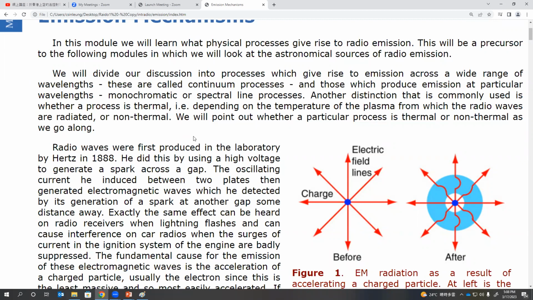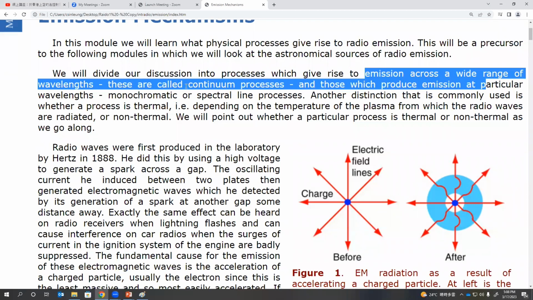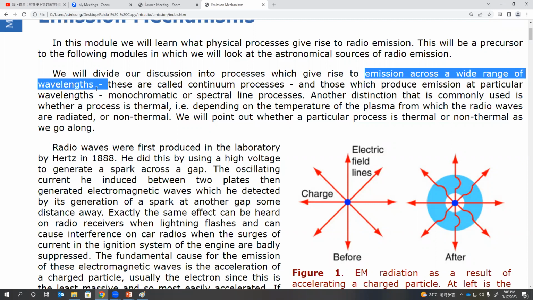In the following discussion, I will focus on a simple classification in terms of the so-called continuum process and spectral line process. For the continuum process, we look at the emission across a wide range of wavelengths.